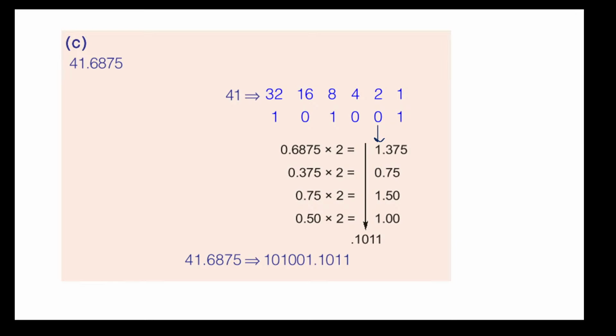So you start writing them from the first to the last. First we have 1 over here, so we have written 1. Then we have 0 over here, so we have written 0. Then we have 1, so 1, and then again we have 1, so it is 1. Right? So this is the binary conversion of the decimal number 0.6875. You just go on multiplying and write the numbers from top to bottom.